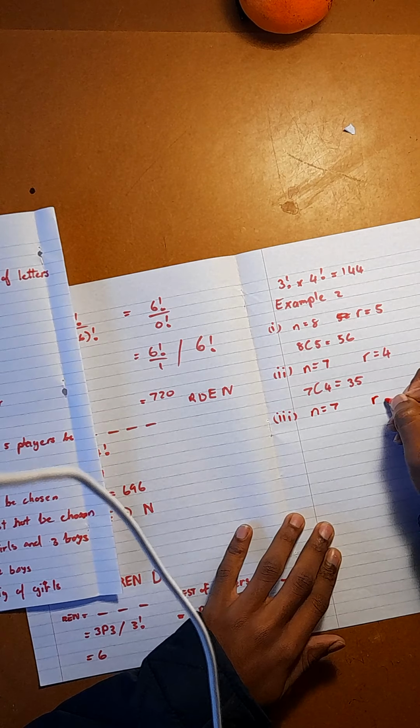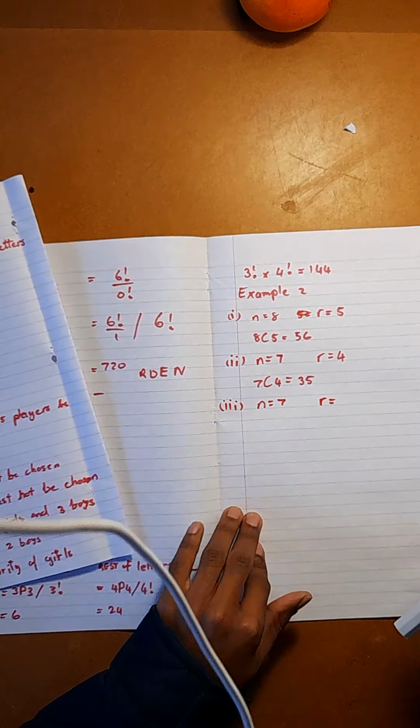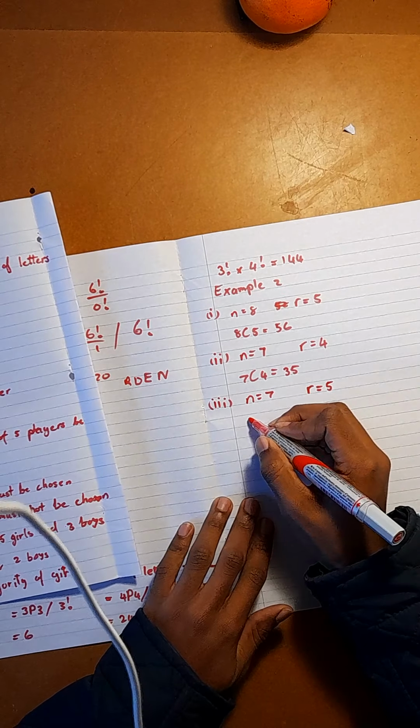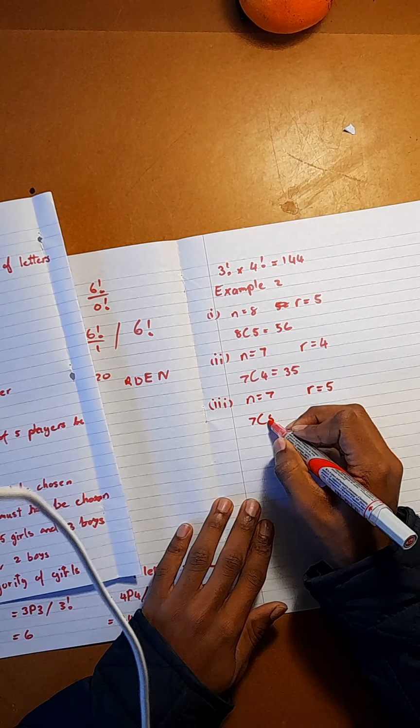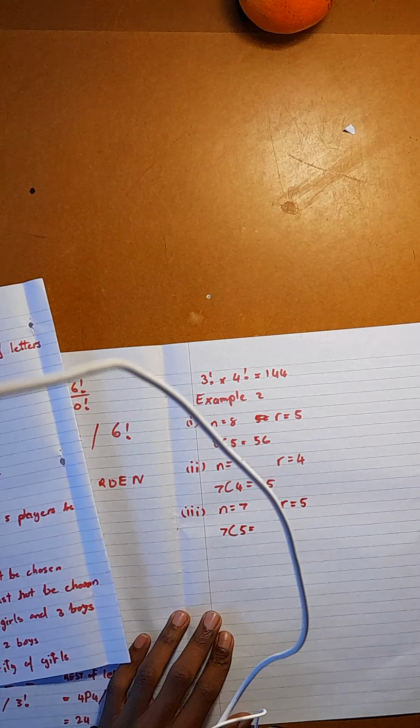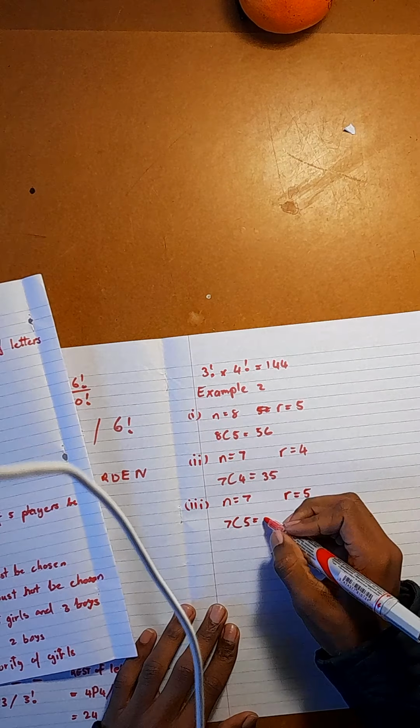Then we're choosing the same amount of people in our group, so it's still going to be 5. It's going to be 7 choose 5, which is 21.